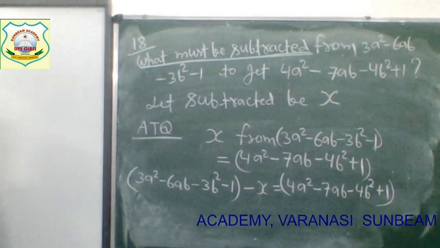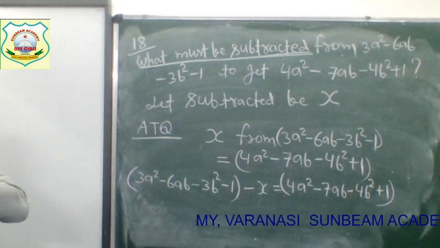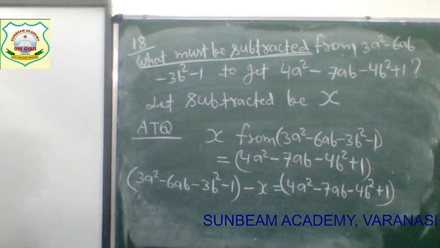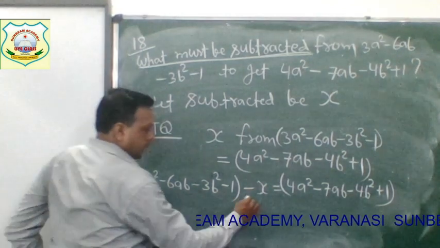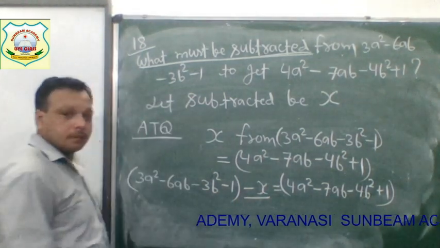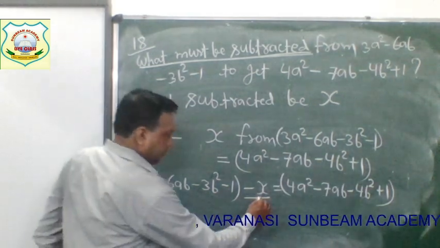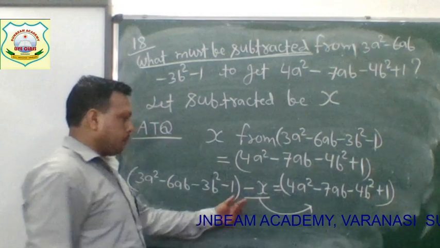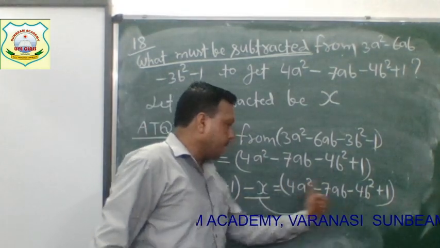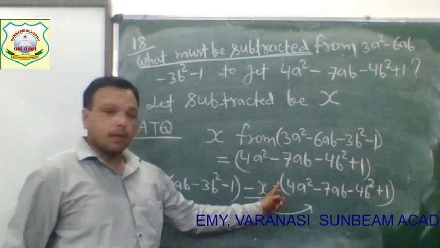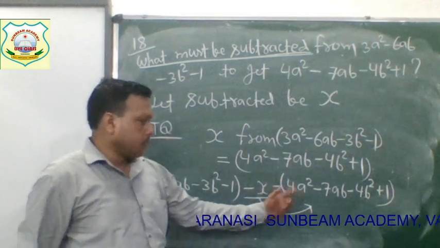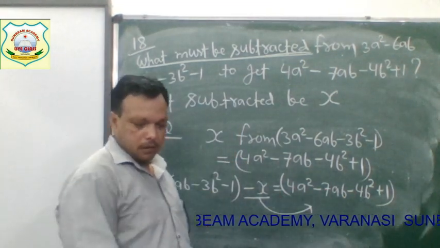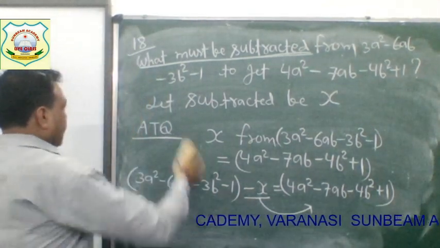Now students, what will we do? Everyone can see minus x is here. By the method of linear equations, it will go to the other side, so it will be plus. And this whole expression is in positive value, with a plus sign here. So when the whole value goes to the other side, it will be minus. Clear students? So I am writing here.